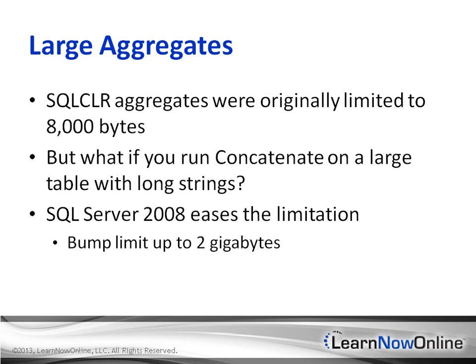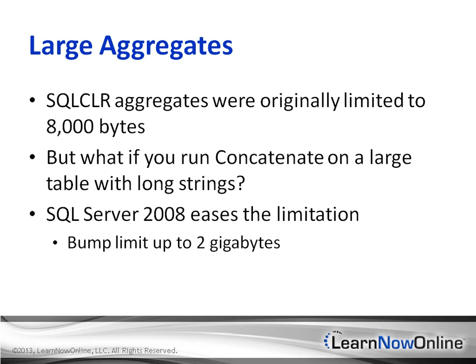But in this example, you're going to see that this is a case where there is a data conversion issue between SQL type values and CLR values. The issue is that the SQL string type used in the concatenate aggregation has a limit of about 8,000 bytes. That clearly isn't going to do for the larger strings that we're going to want the large concatenate to handle.